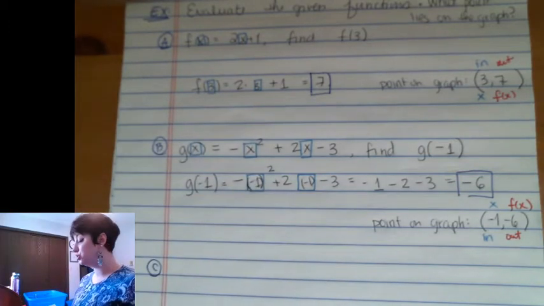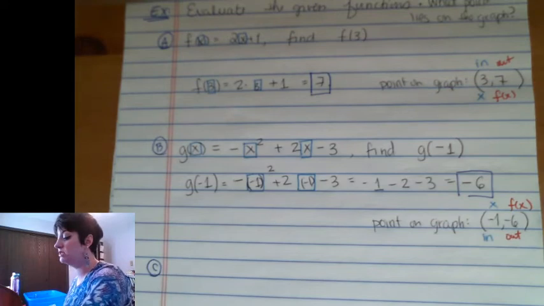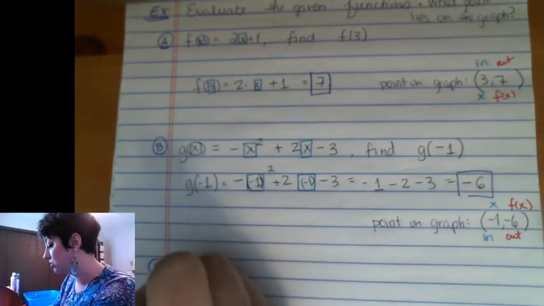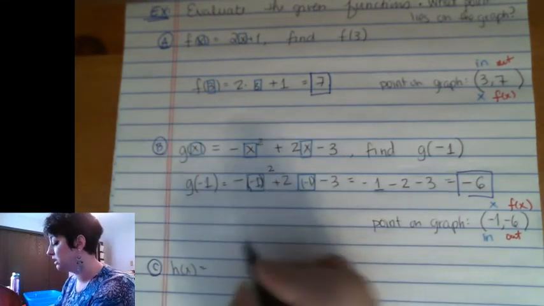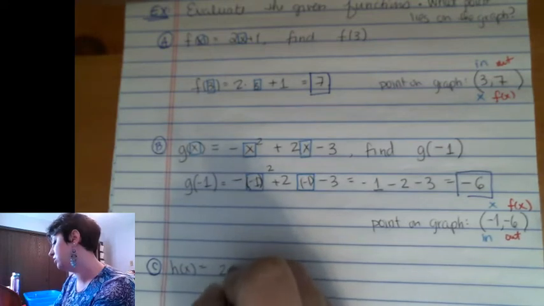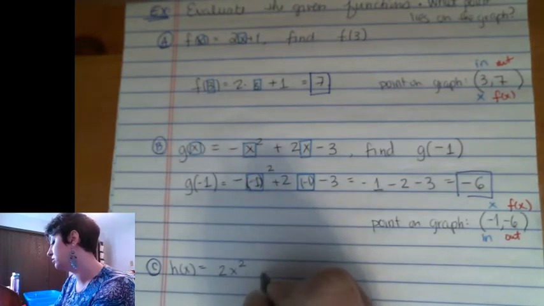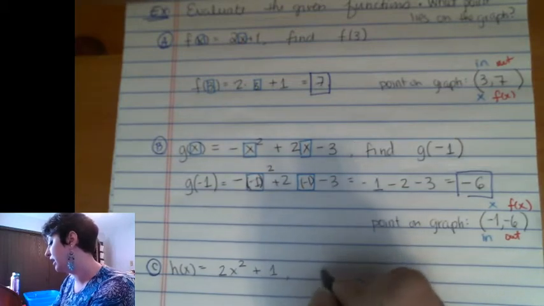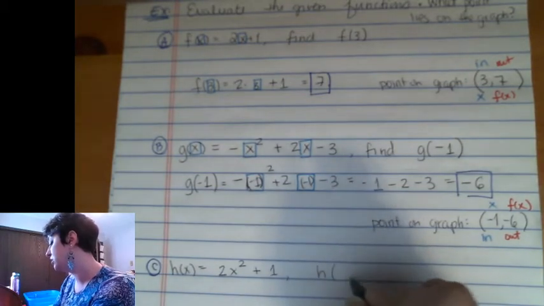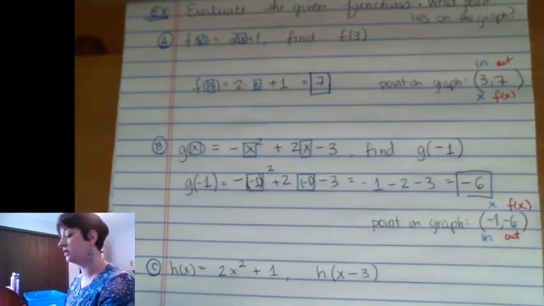I want to find, let's say h of x is 2x squared plus 1, and I want to find h of x minus 3.